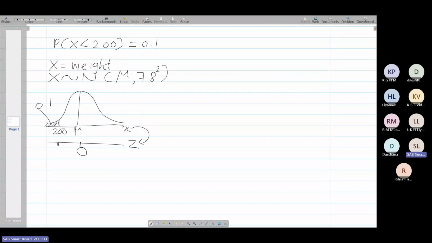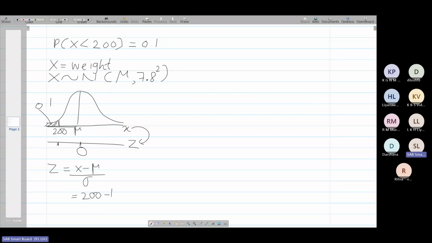Then there is a formula: Z equals X minus mu divided by standard deviation. Here we take the standard deviation; the parameter is the variance. The X value is 200.